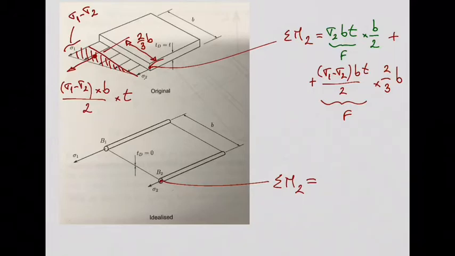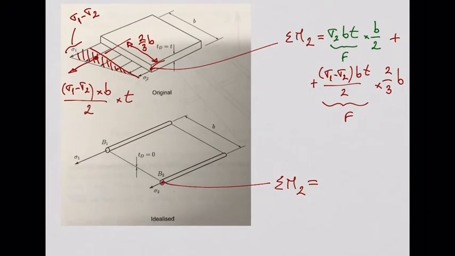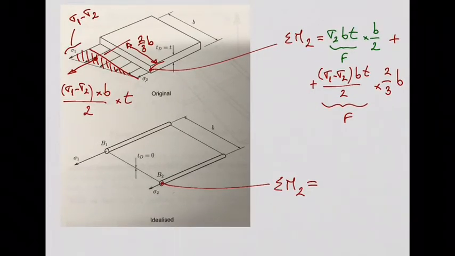Okay? Which is much easier. Because look, if I calculate the moments about this point, about this boom number 2, sigma 2 does not produce any moment about boom 2. It's passing on the boom 2. I only need to add the contribution of this sigma 1 at boom 1. And that contribution is quite simple. The force, so sigma 1 is a stress, isn't it? In order to have the force, I need to multiply the stress by the area. Which area?